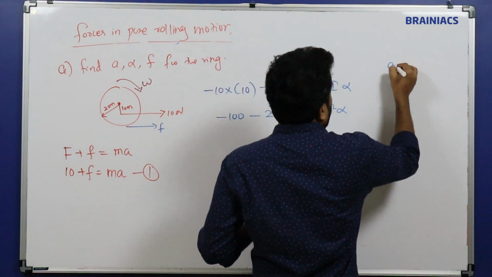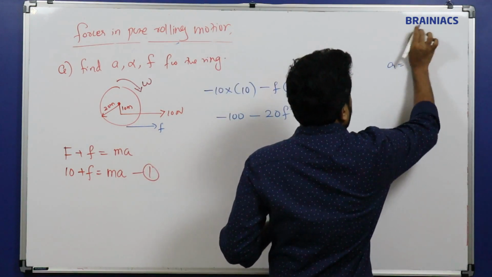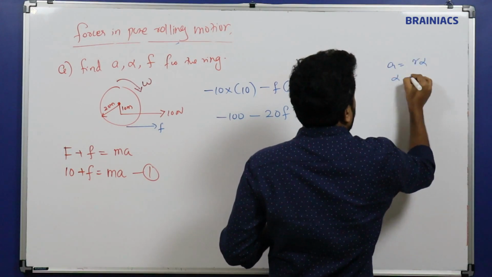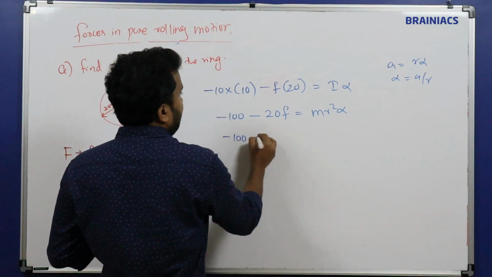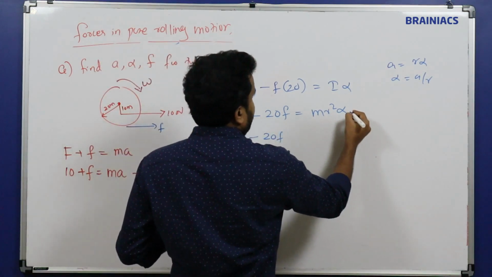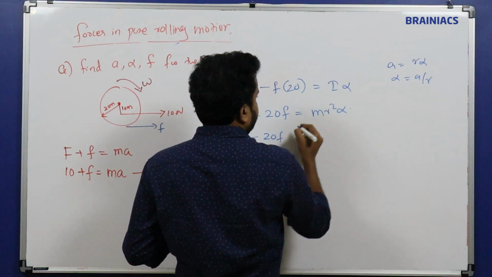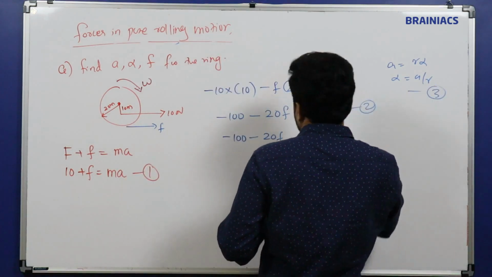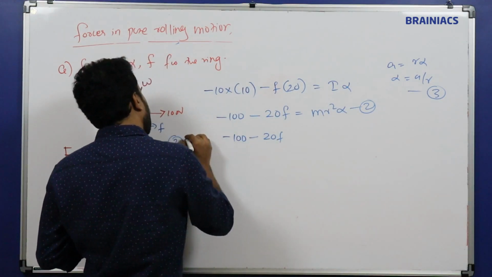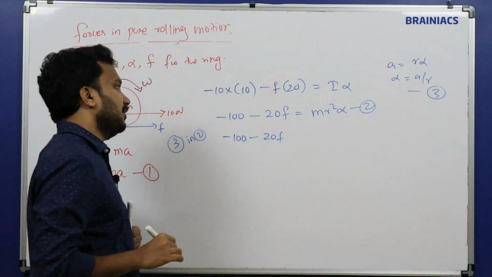We know a is equal to R alpha, so alpha is equal to a by R. We'll substitute over here. Minus 100 minus 20F is our equation number 2, and a = R alpha is equation number 3. Now we put 3 into 2 and we get the fourth equation.